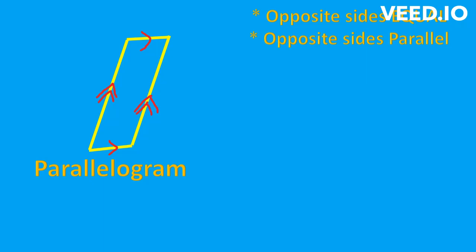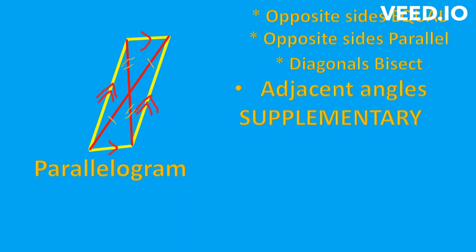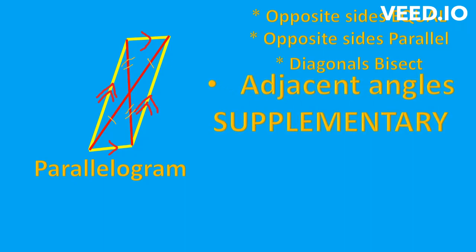They are equal and parallel to each other. The diagonals bisect each other. So these parts are equal here because they are bisecting each other. Adjacent angles are supplementary.